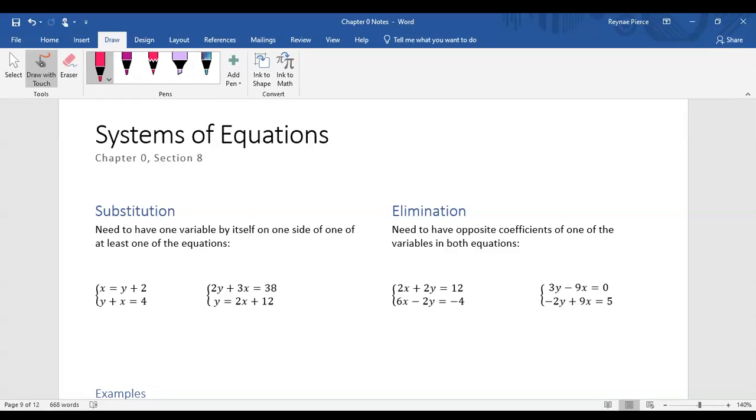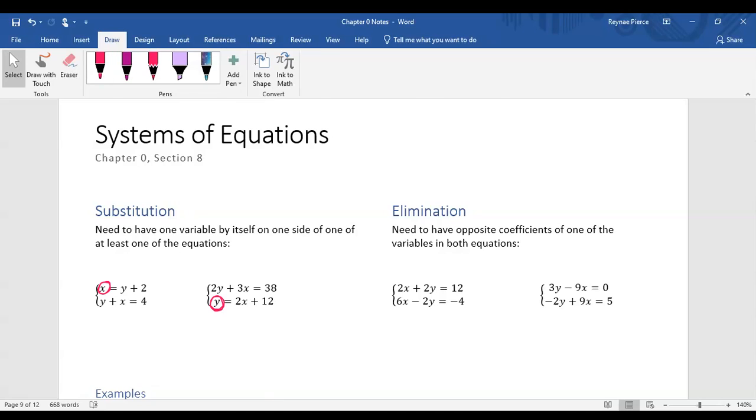Okay, so in this first system, we've got x by itself in that first equation. But in the second system, we've got y by itself in that second equation, okay? Anytime you see that, that connection should be made. Hey, I've got a variable by itself. Let's use substitution to solve this system, okay?